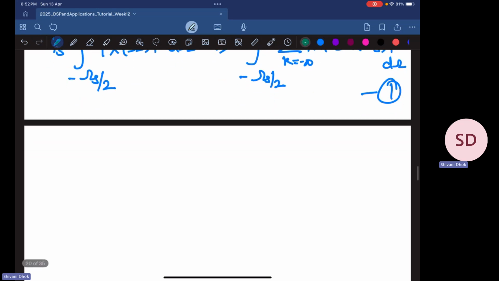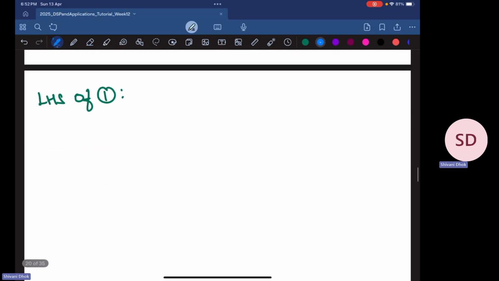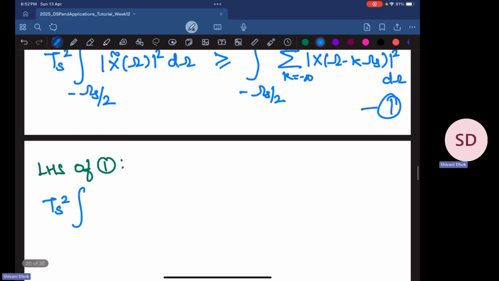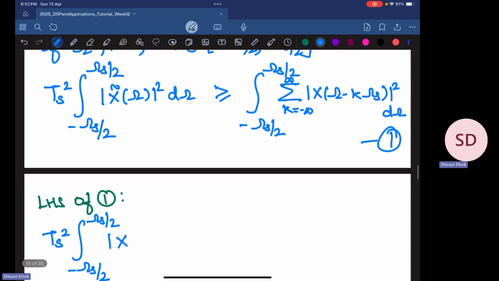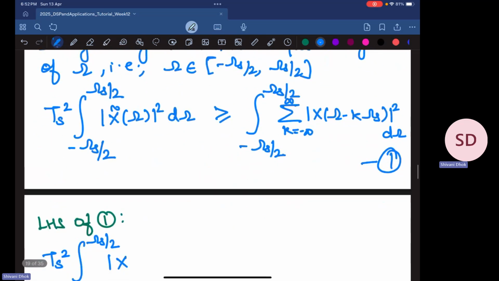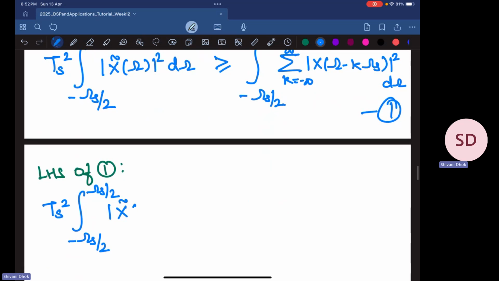Now we'll handle the left hand side and right hand side individually. Let us take the left hand side first. It is Ts square integral minus omega s by 2 to omega s by 2 magnitude of x tilde of omega square d omega.